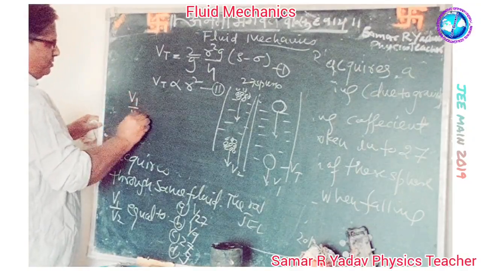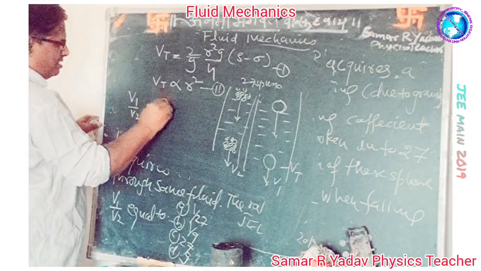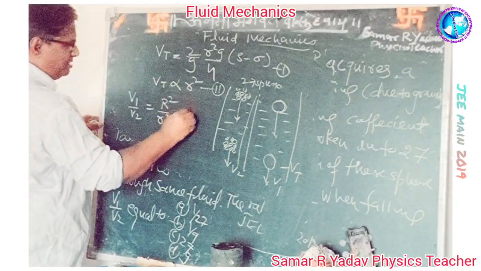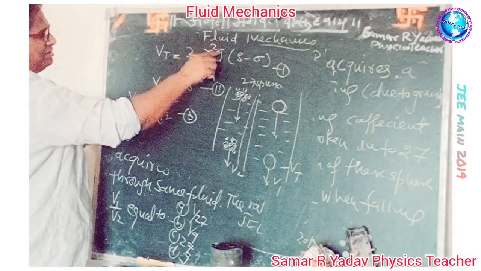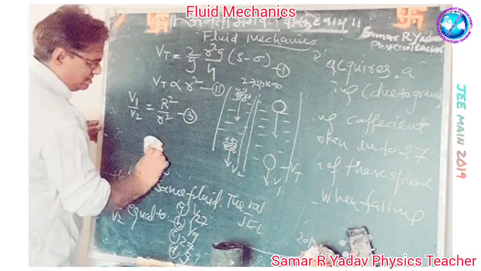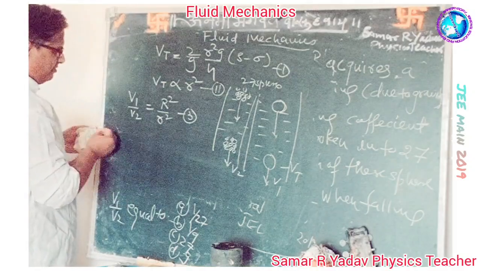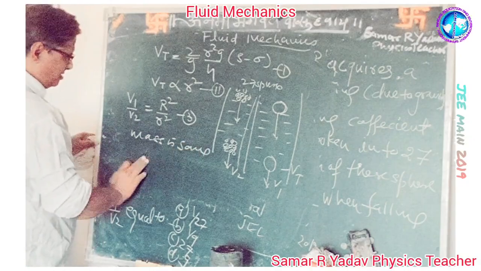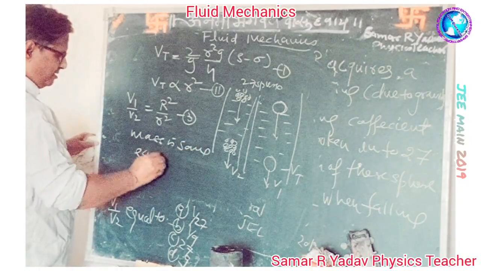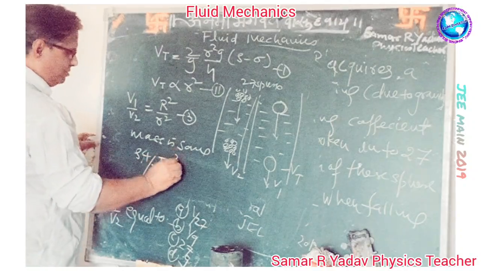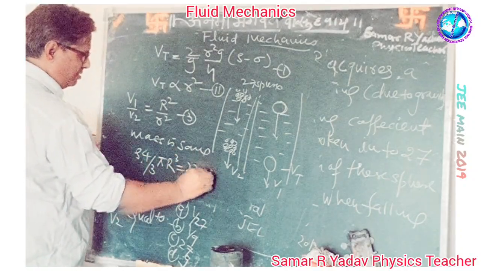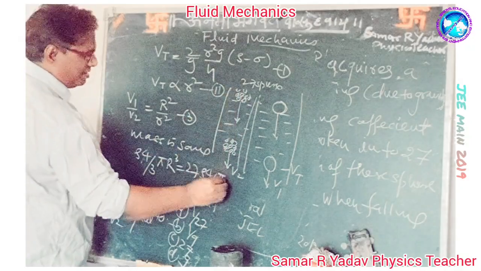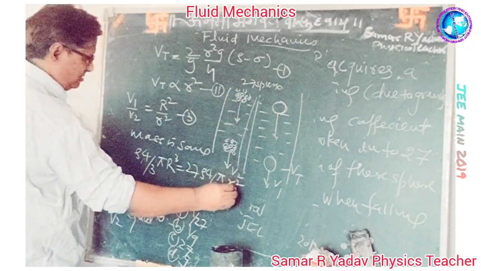So we can say that v1 upon v2 is equal to capital R square upon small r square, equation number 3, because everything else is constant. Now we know that the mass is the same. If mass is same, then rho into 4 by 3 pi capital R cube is equal to 27 rho 4 by 3 pi, supposing the small identical spheres have radius small r, so small r cube.